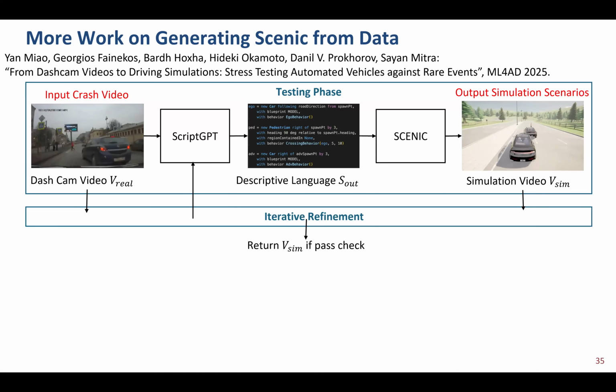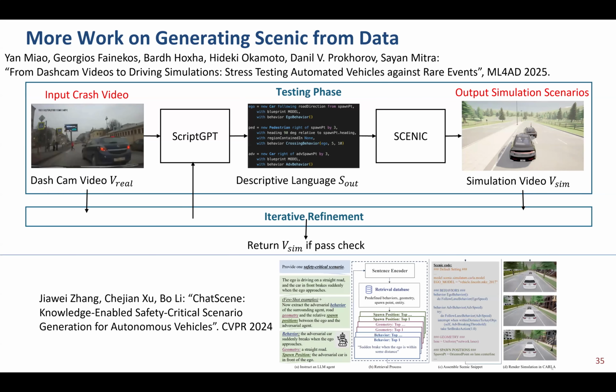So that's another generative AI pipeline generating Scenic code from data. And then there's a third paper that was at CVPR last year that also does text to Scenic, but I don't have any results from this one.